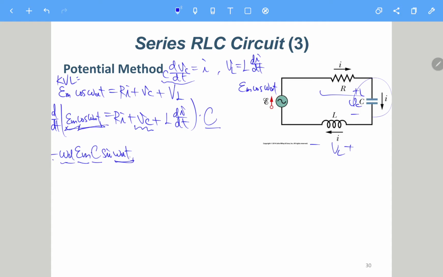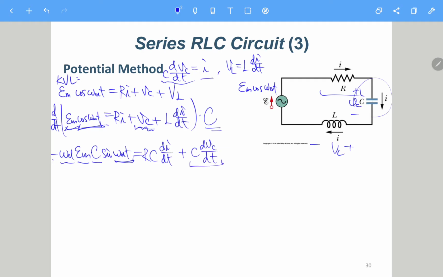We have Em here and then multiply by C here, and then the chain rule here. Cosine becomes negative sine, and then here Ri, take the derivative will be R di dt, and then we multiply by C, so we have RC di dt. And then next, take the derivative, C dVc dt.